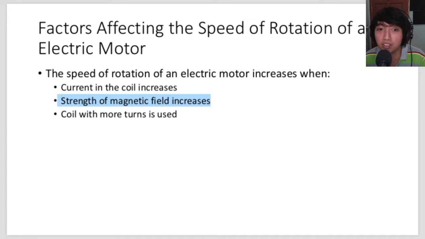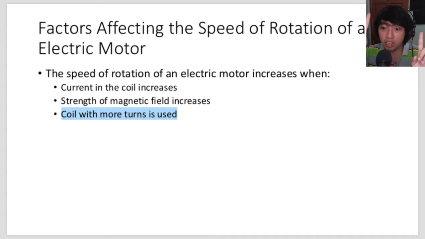But when I say strength of magnetic field, we're also talking about using stronger permanent magnets, and a coil with more turns, because the more turns they have, the more it increases the total amount of force. So these are all basically increasing the magnetic force.